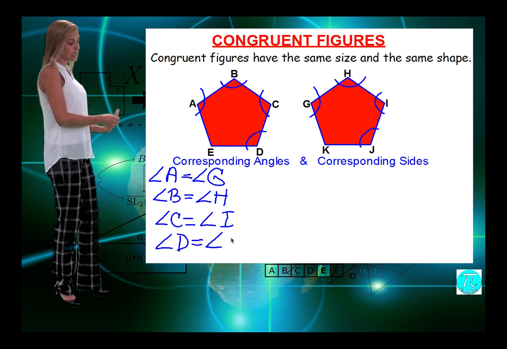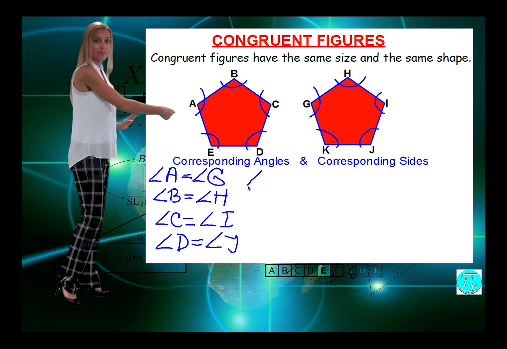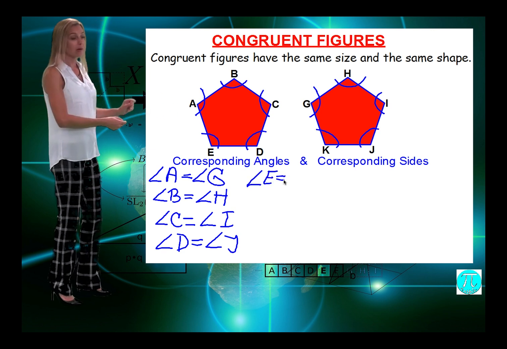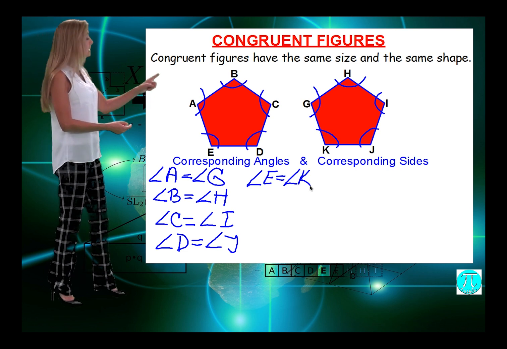Angle D has to be congruent to angle J. And our angle E has to be congruent to the angle K.